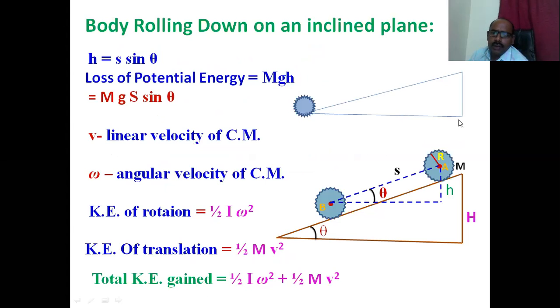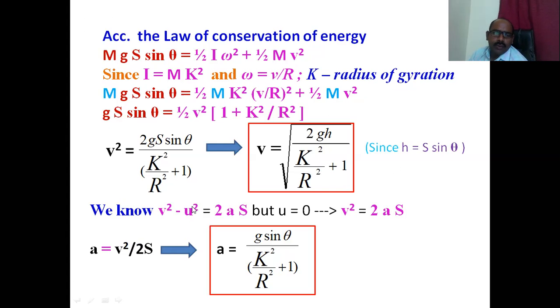Whenever the cylinder rolls down from the starting point, initially its velocity was 0. So now we write u is equal to 0. Therefore, v square is equal to 2as, and from that equation, a is equal to v square by 2s.